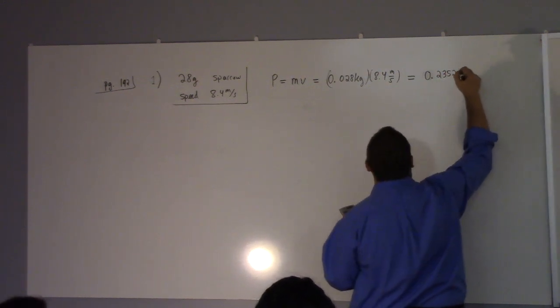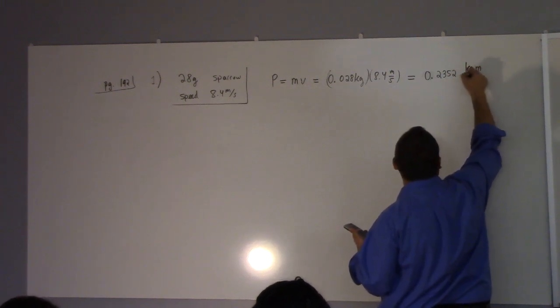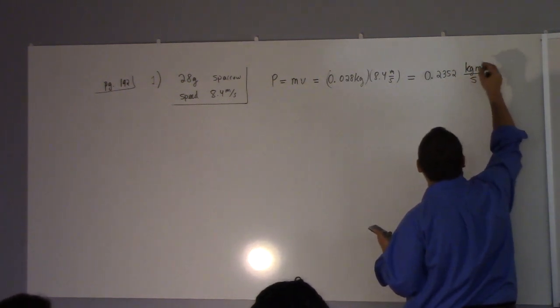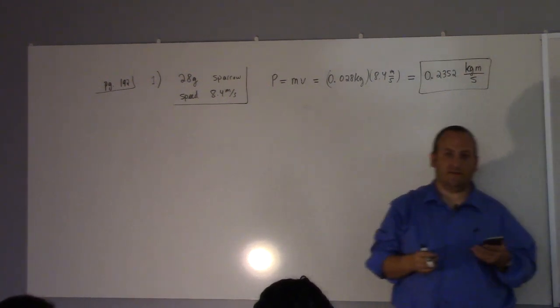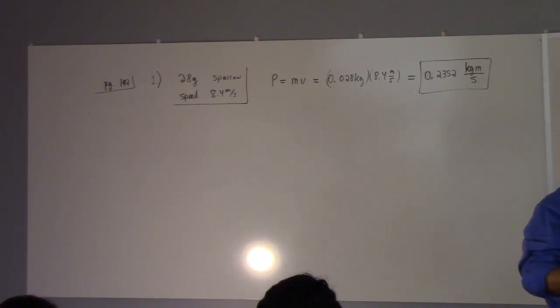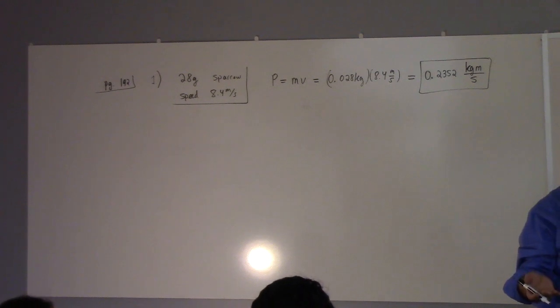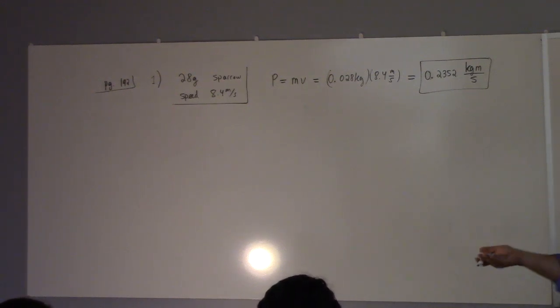And what would the units be? We got ourselves kilogram meters per second. That is the units of momentum. The units of power are watts, the units of energy are joules, the units of force are newtons, but momentum, we have no name for the units.